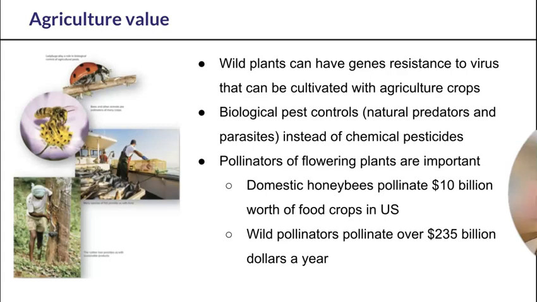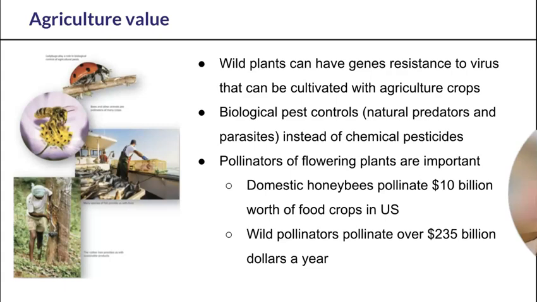It's found that if we crossbreed them with wild plants, these wild plants have certain genes that are resistant to these viruses. So by crossing with wild plants, we're able to improve the health of our own agricultural crops.